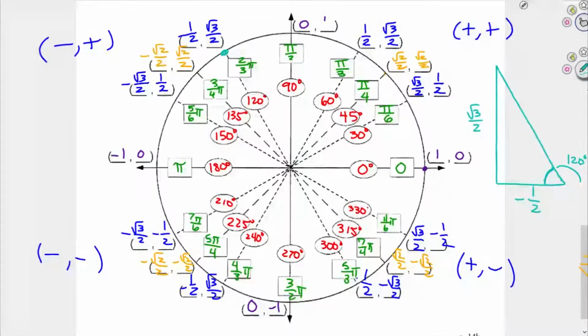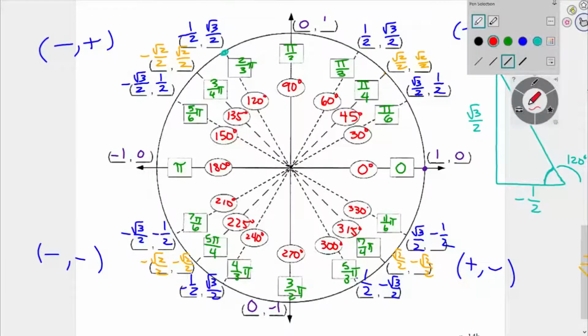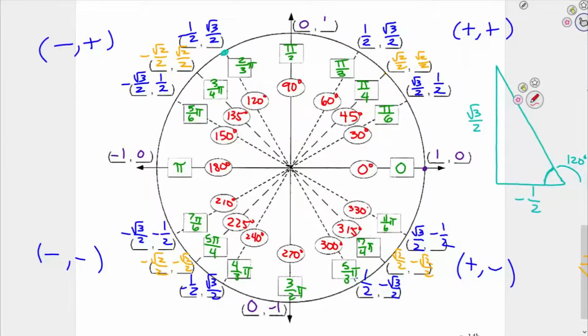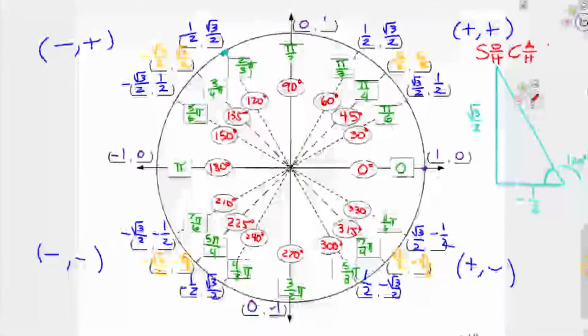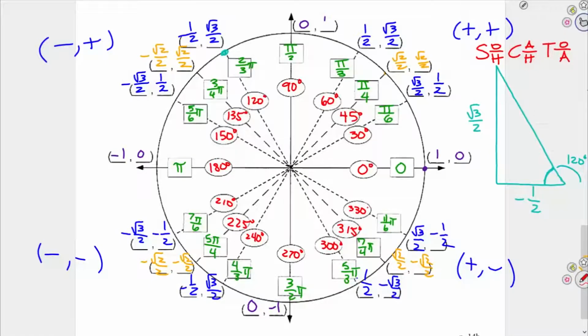If I want to find the sine and the cosine of this triangle, I use my mnemonic SOHCAHTOA, and the hypotenuse is 1. Keep that in mind. What is the sine of 120 degrees? Well, it's the opposite over the hypotenuse, and it's √3/2 over 1, but dividing by 1 is just that same thing.